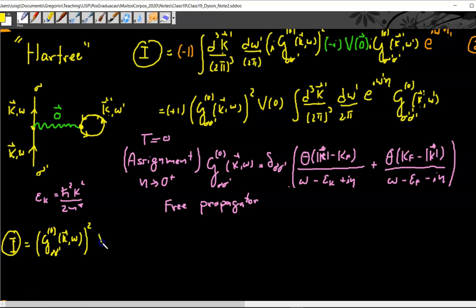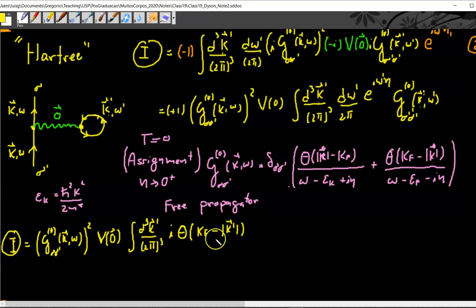But this is the part that comes from the proper self-energy, which is v at 0 times this integral in d3 k prime over 2 pi cubed times the result for the integral in omega prime, which was I times theta of kf minus absolute value of k prime, right?